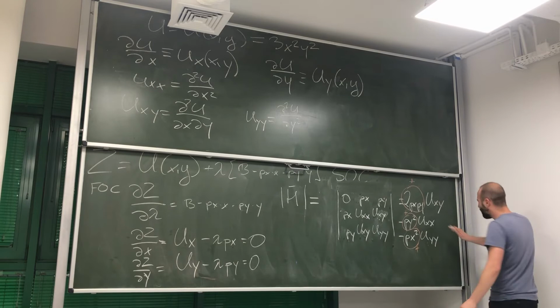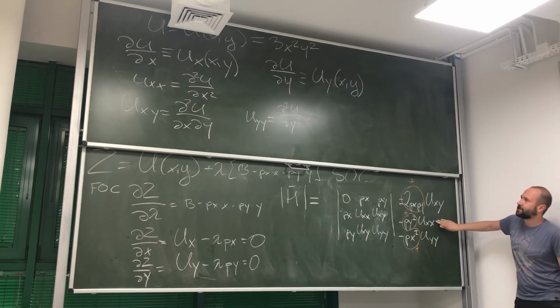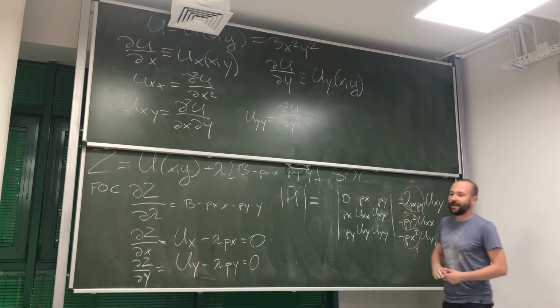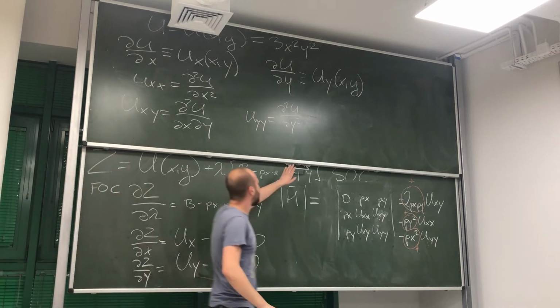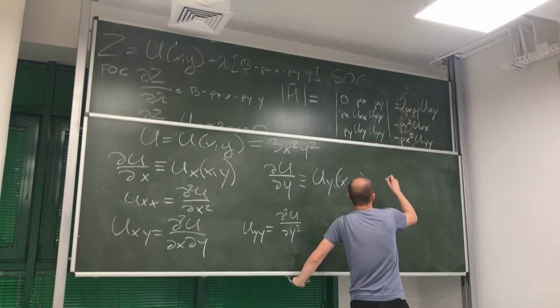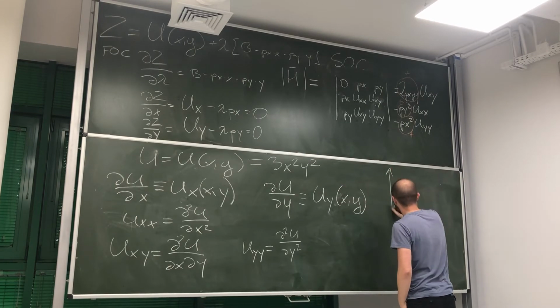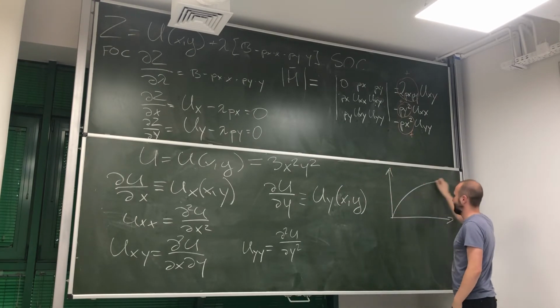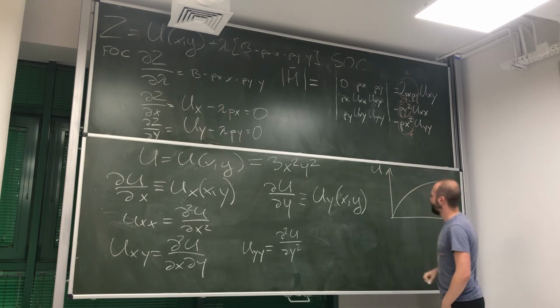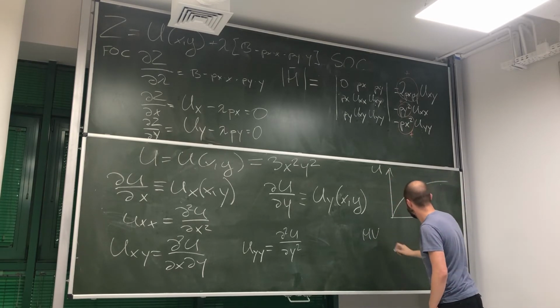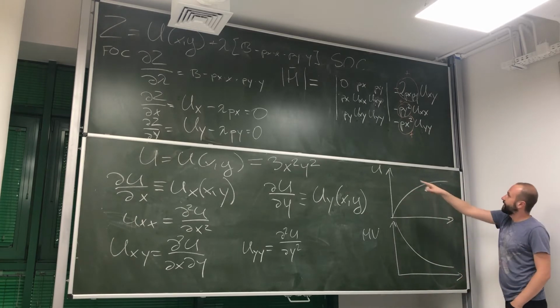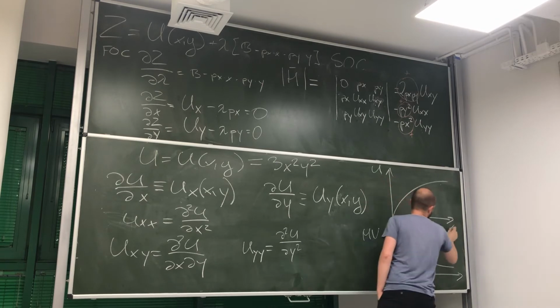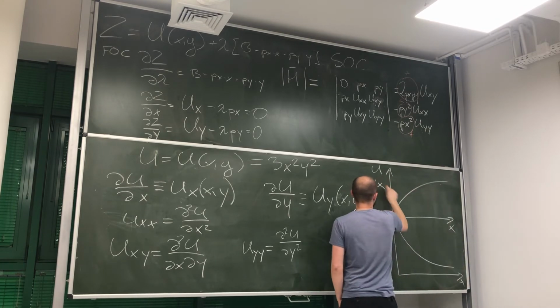Then, what about second derivatives of u with respect to the same variable twice? Look, we remember that the total utility looks like that, right? We remember that marginal utility looks like that, right? This, in other words, would be ux.